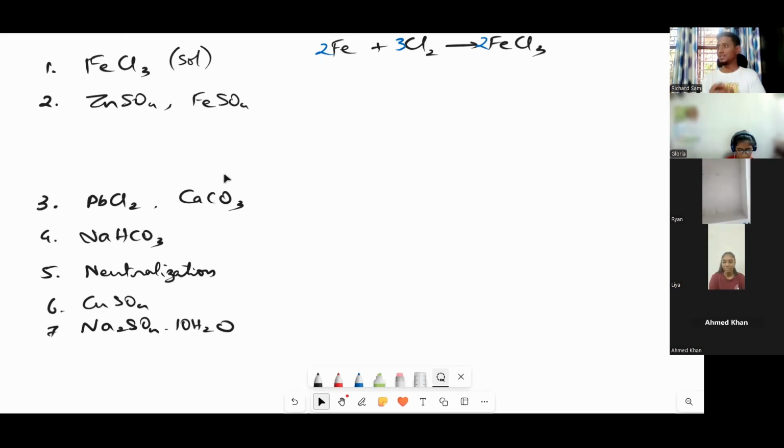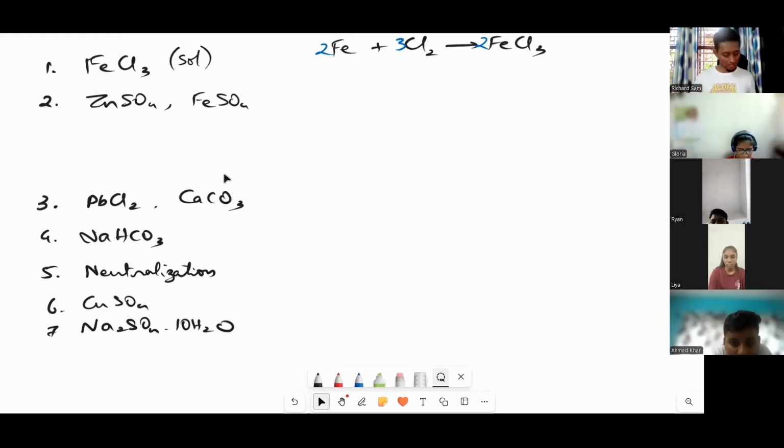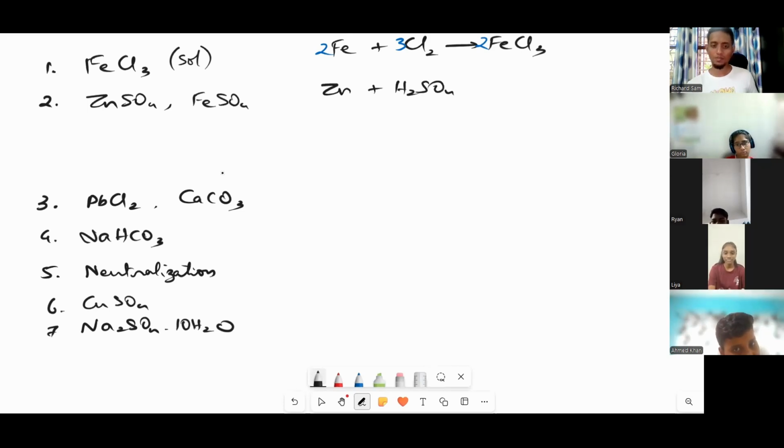Active metal will replace the less reactive metals. Okay, so in this reaction, you're taking zinc with sulfuric acid. To prepare zinc sulfate, what are we taking? Zinc with sulfuric acid. Okay, now the condition for this reaction to take place is zinc needs to be more reactive than hydrogen. Is zinc more reactive than hydrogen?